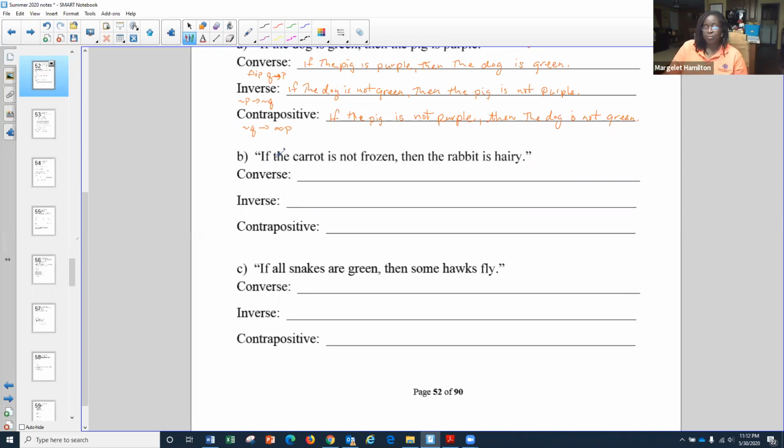Okay, so here, let's stick with our consistency of making it just our conditional statement. We're going to let the carrot is not frozen be our P, and then the rabbit is hairy be our Q. Okay? So we have our P and our Q. All right. So now the converse. We're going to flip. So flip, we know we got Q implies P. It helps to write it every single time. It helps solidify it in your mind.